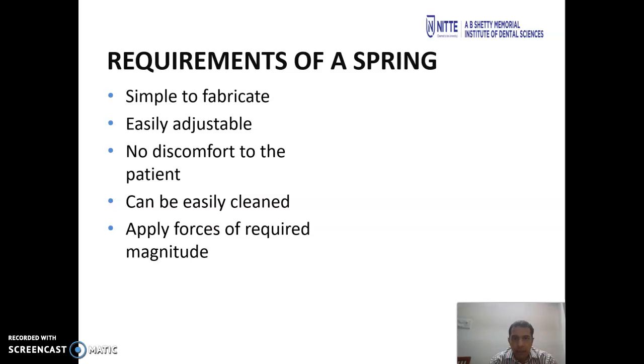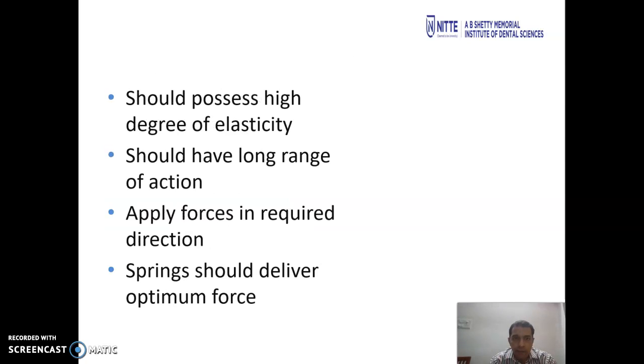Some of these springs have boxing, an acrylic covering above the spring to prevent any deformation. They should possess a high degree of elasticity. They should have a long range of action and should apply forces in the required direction.